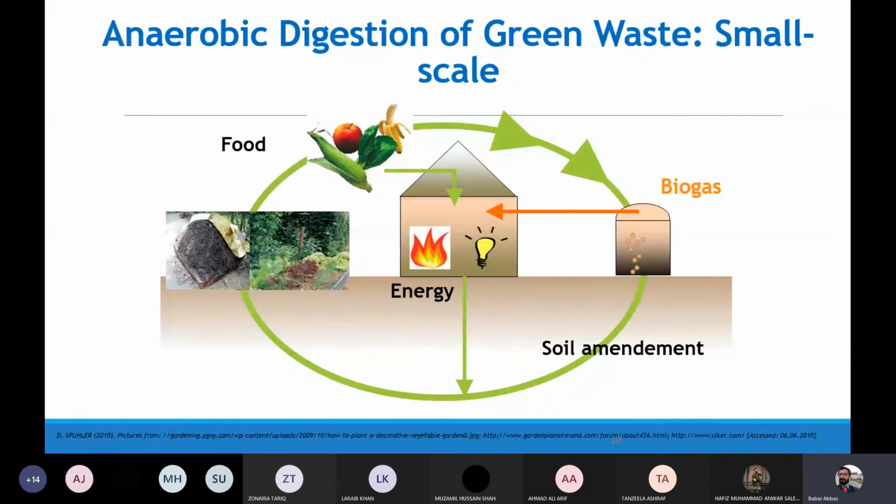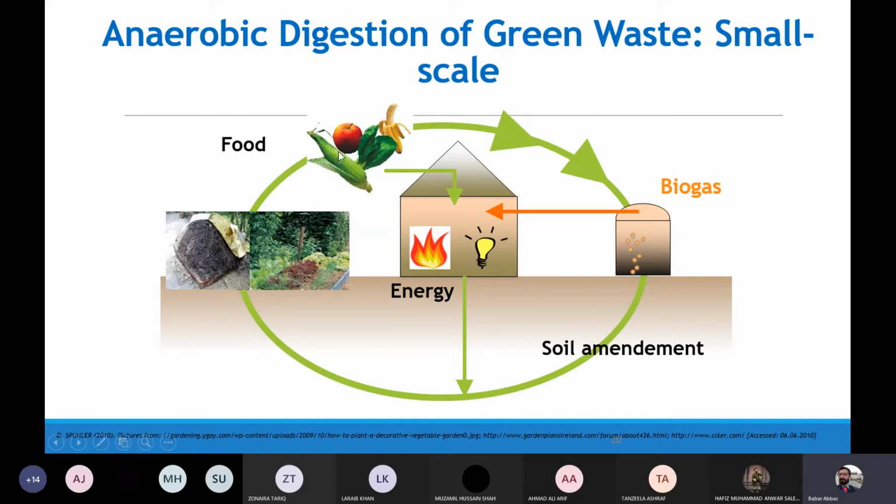Similarly, this cyclic process can be exhibited in this way as well. The food is being utilized at the household level, and from there it is wasted, and then it comes into the anaerobic reactor, from where we have two products. One is lighting our houses and industries, and the other is adding soil amendments to the natural system or vegetation.